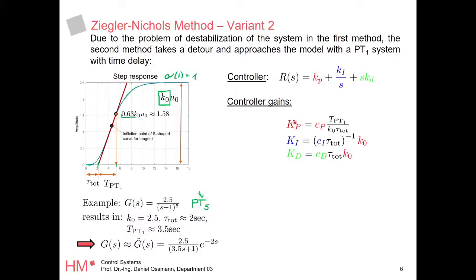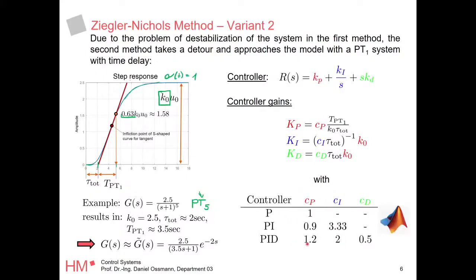Sorry for that. Need to fix that after the lecture. And again, you have these constants in there, and you can find those in the table, right? That's basically it for the Ziegler-Nichols.